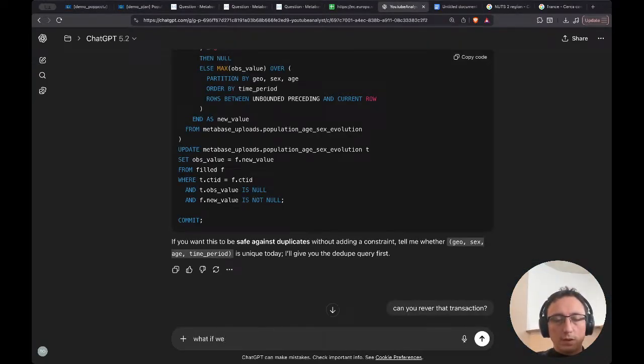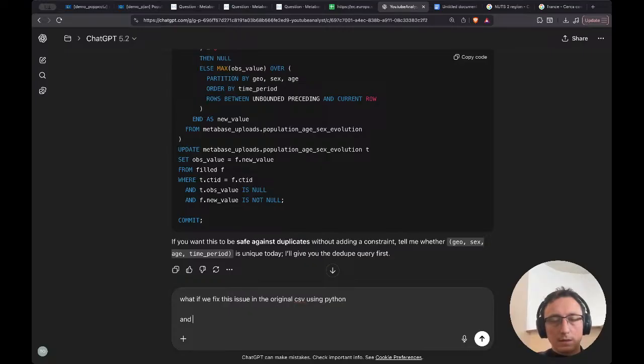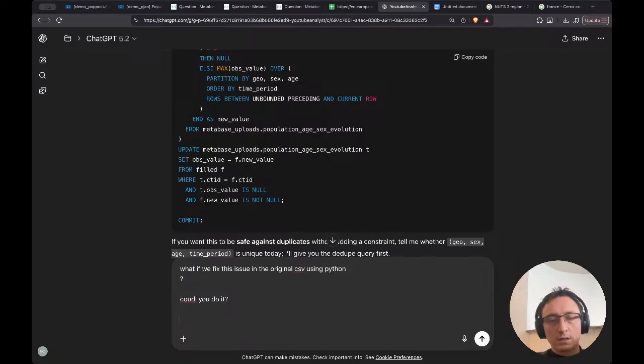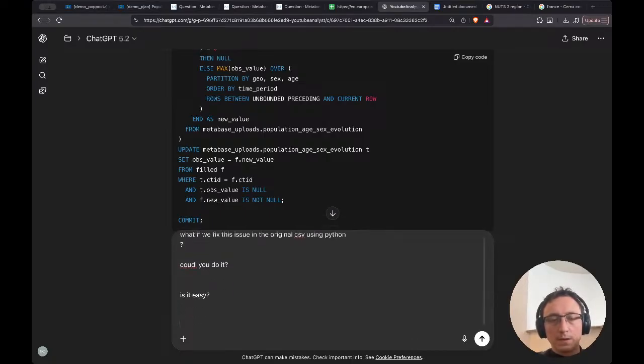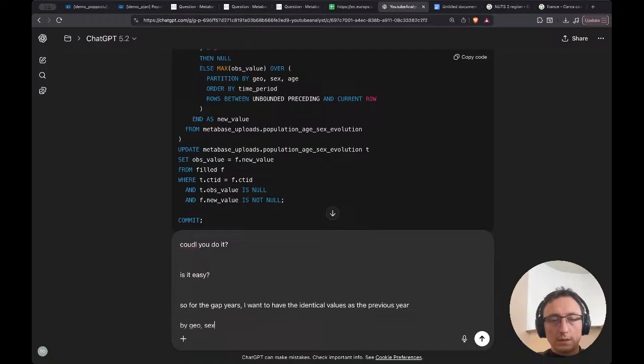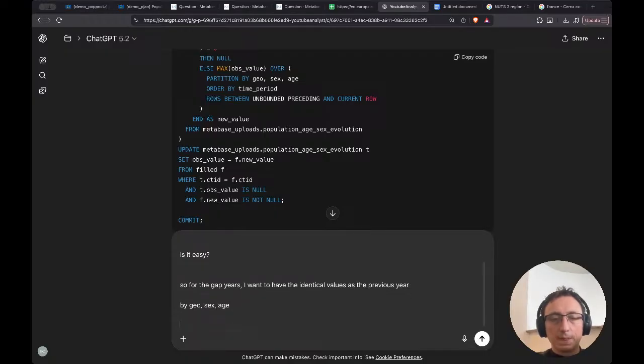What if we fix this issue in the original CSV using Python? Could you do it? Is it easy? So for the gap years, I want to have the identical values as the previous year by geo, sex, age.